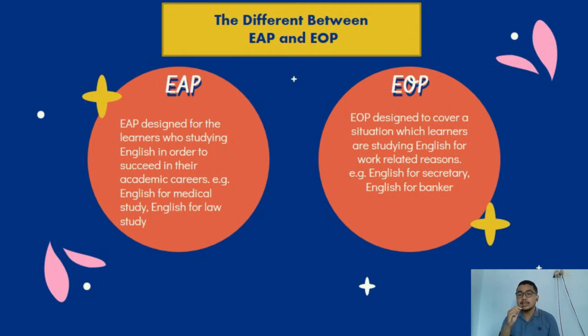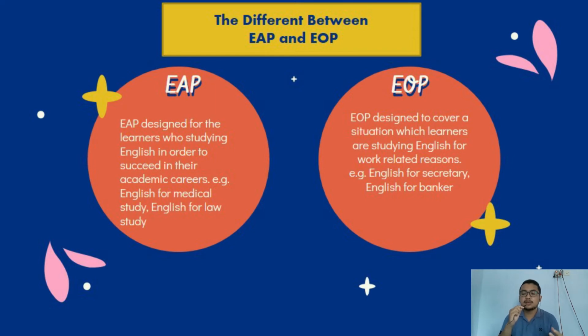On the other hand, EOP is the acronym from English for occupational purpose. EOP is designed to cover situations in which learners are studying English for work-related reasons. For example, English for secretary. The secretary has to learn English so they can communicate with the customer in English itself.